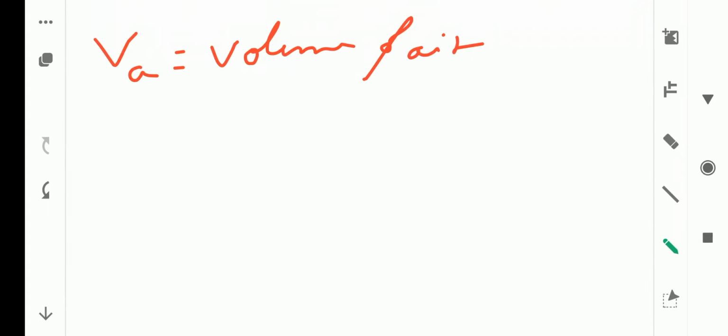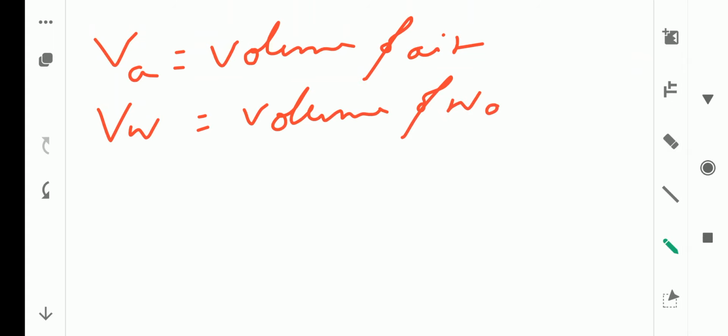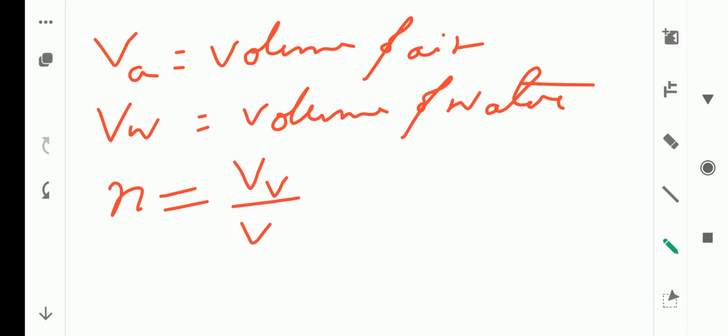Now let us consider that Va is the volume of air and Vw is the volume of water. Porosity n is always equal to volume of void by total volume.